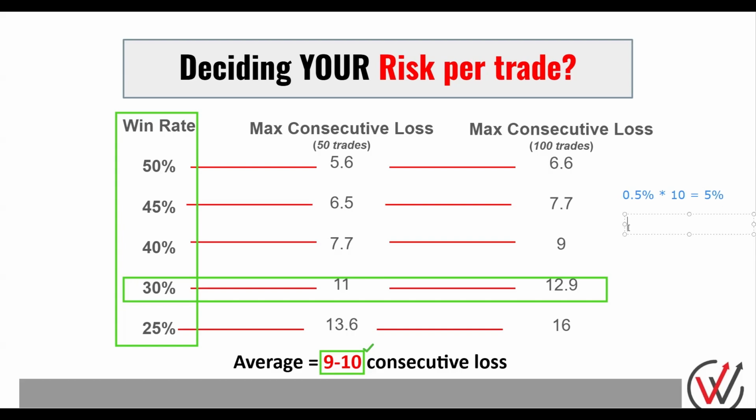Similarly, if I risk 1% of my capital and multiply it by 10 trades, that gives me a 10% drawdown. Or like we discussed earlier, 0.3% risk, you multiply it by 10 trades, you get a 3% drawdown. This is how you decide your risk per trade, because we know it has to be constant.